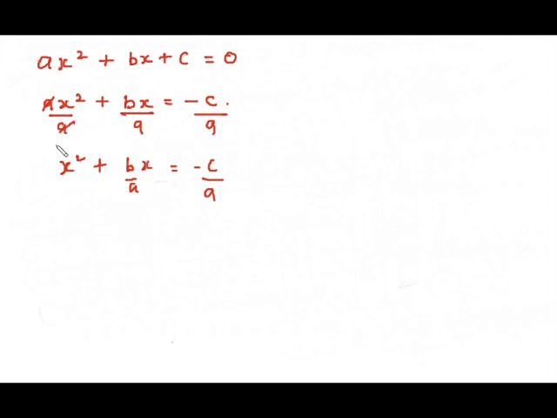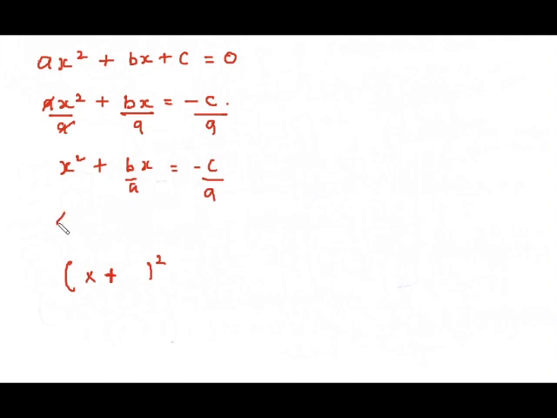Now we need to make this part of the equation look like the form x plus something squared. We have to make this a squared expression. Now to do this, we have to divide the coefficient of x here by 2 and square it. And then what we do to this part of the equation, we have to do to this part of the equation so that we don't make the equation unbalanced.